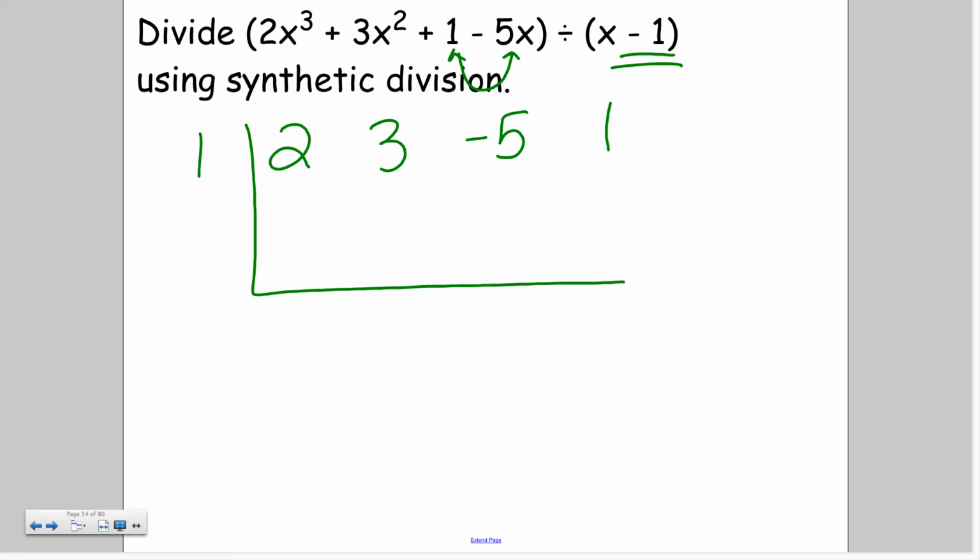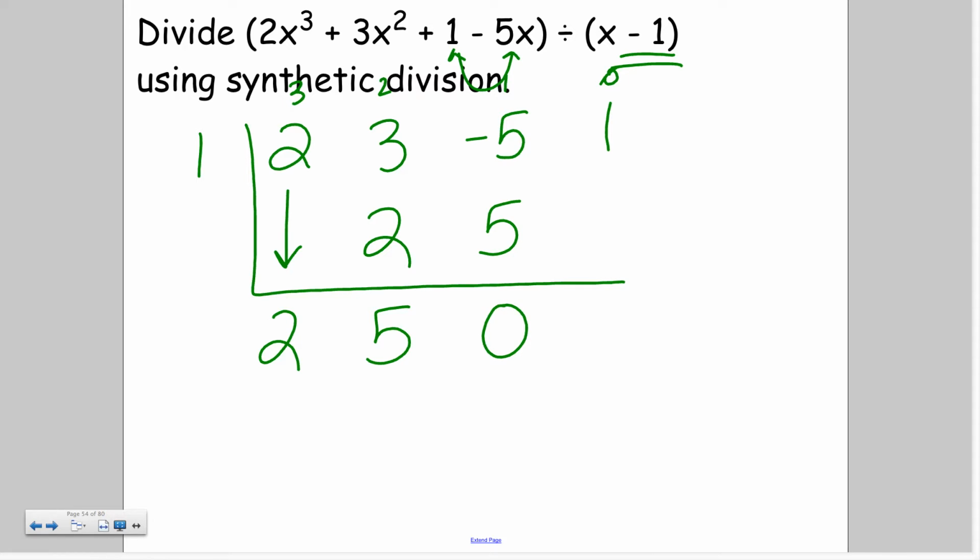So it goes x cubed of 2, x squared of 3, x of negative 5, and constant 1. 2 comes down, 2 times 1 is 2, 3 plus 2 is 5, 5 times 1 is 5, negative 5 plus 5 is 0, 0 times 1 is 1, and 1 plus 1 is 2.